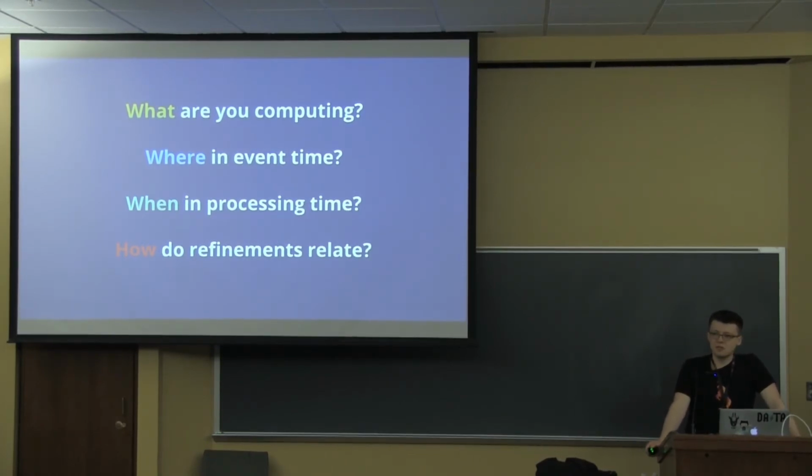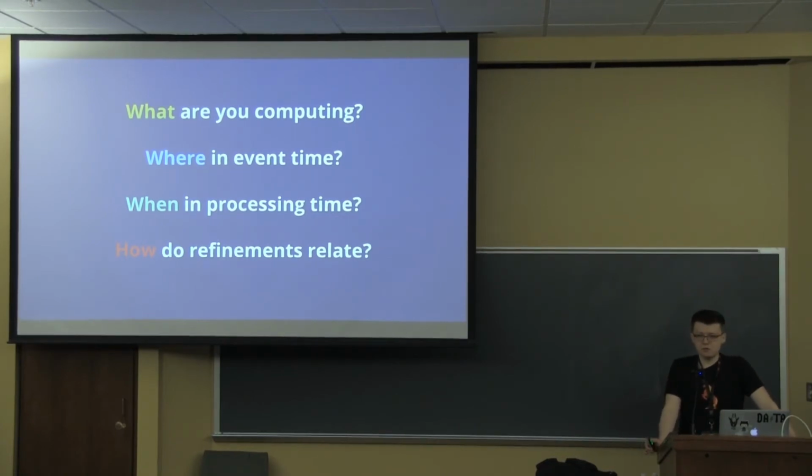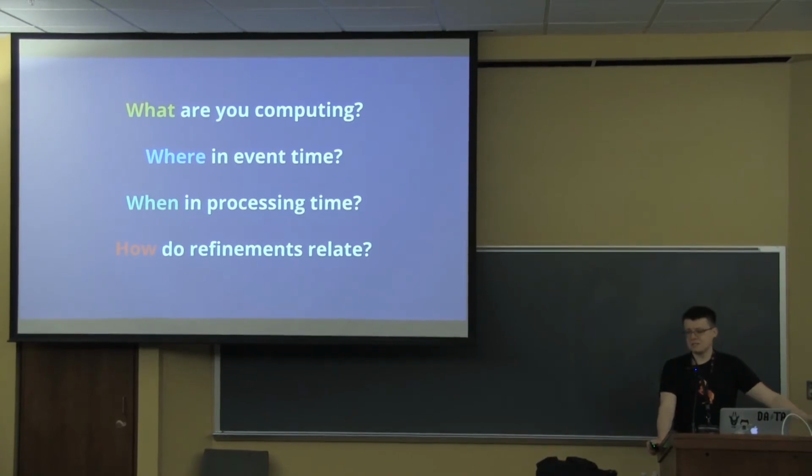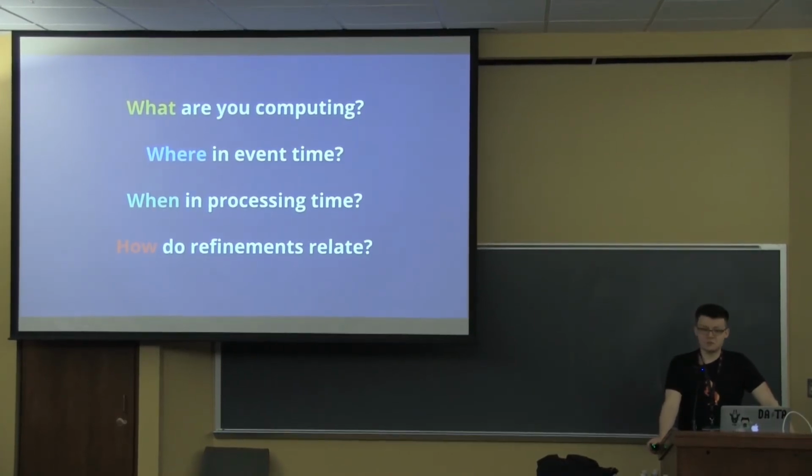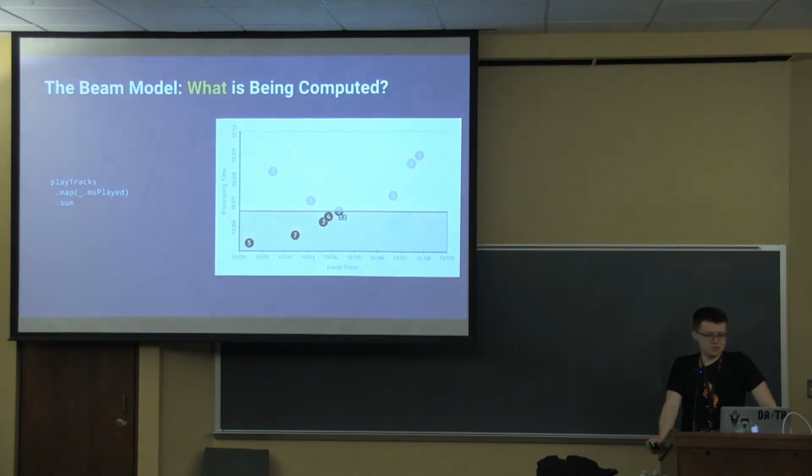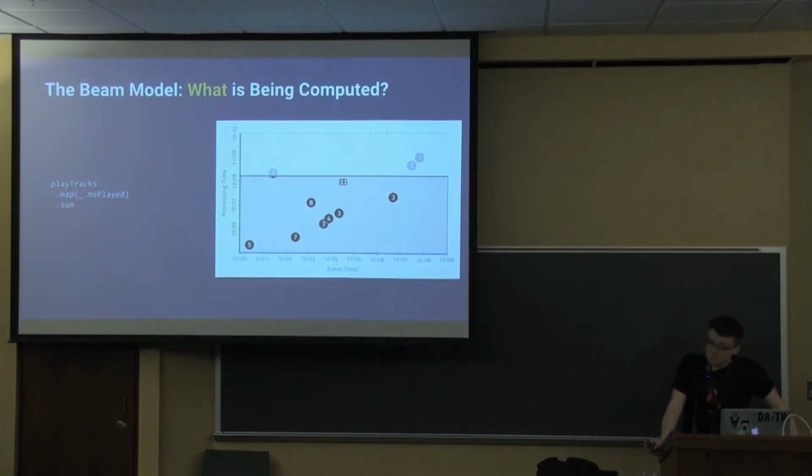So do you want a sliding window, hourly windows, or one big batch? And when in processing time? There is, of course, a certain trade-off between how much you wait for late data and what to do when you figure out that, oh, we got 1,000 more events that were delayed due to a network split. So we're going to touch on each of these topics.